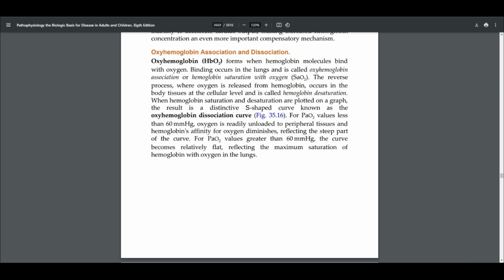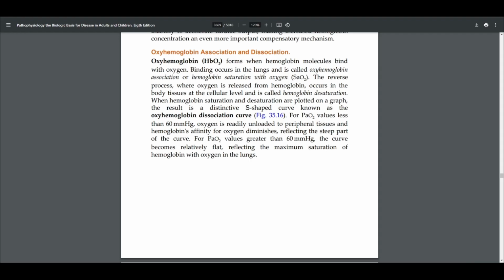So that leads us to our oxyhemoglobin association and dissociation. Your oxyhemoglobin, or HbO2, forms when hemoglobin molecules bind with oxygen. Binding occurs in the lungs and is called oxyhemoglobin association, or hemoglobin saturation with oxygen, your SaO2.